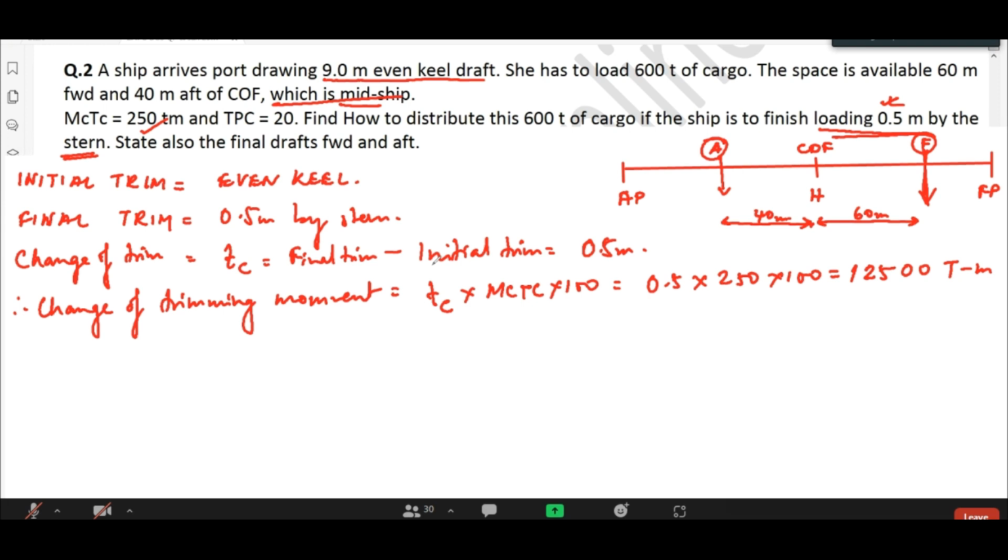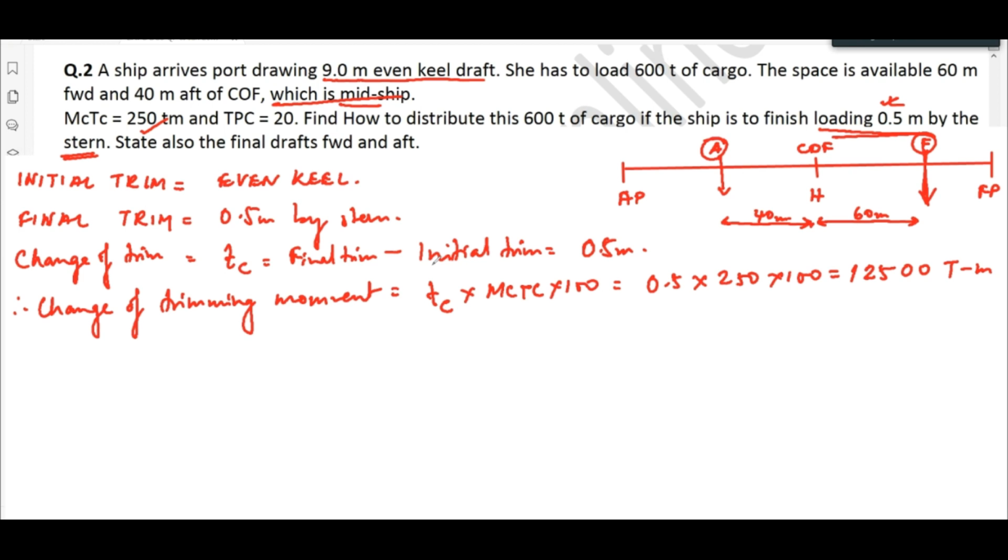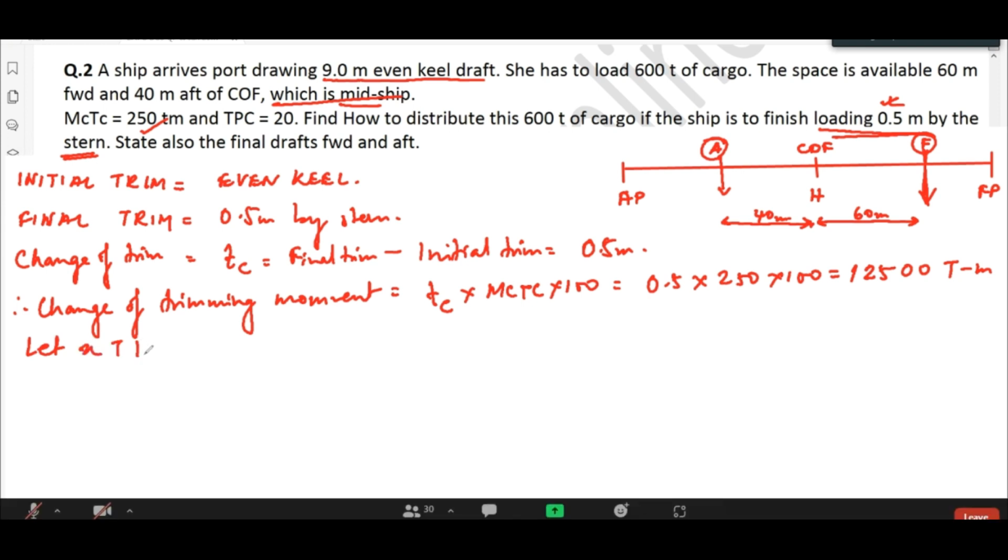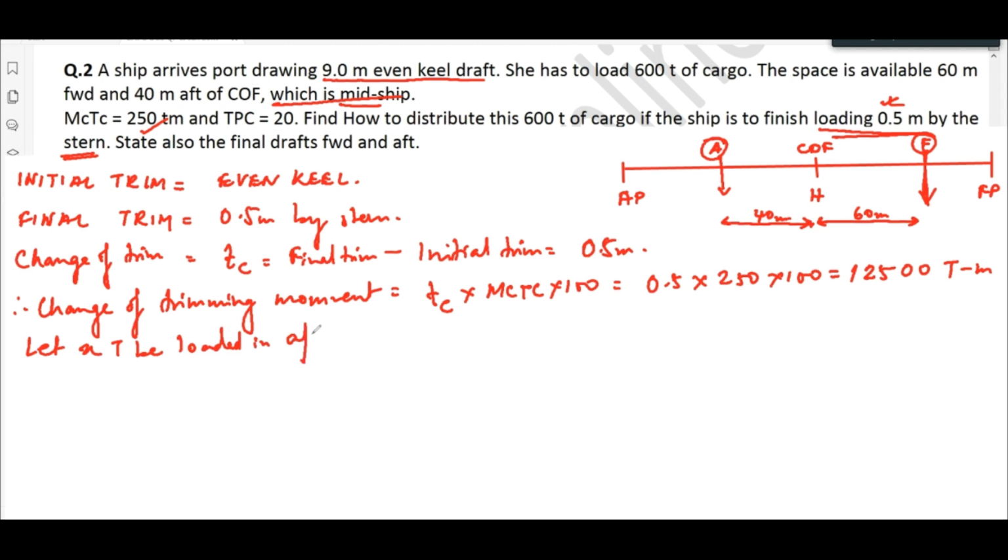Right, now we can leave this one and go to the trimming moment calculations. That is our step 1 and step 2. So we assume let X tons be loaded in aft compartment.